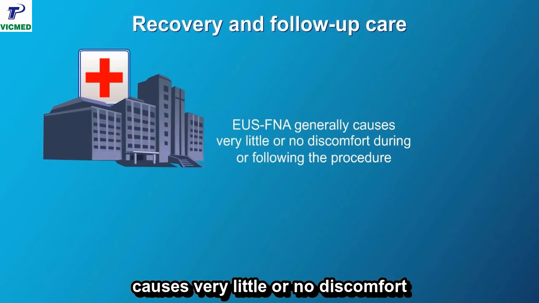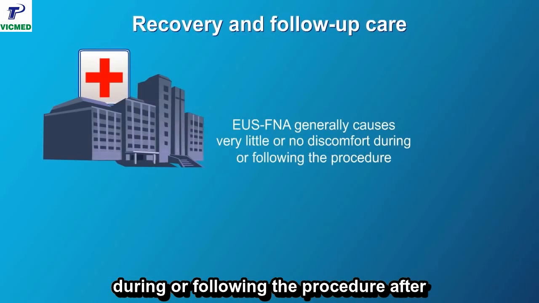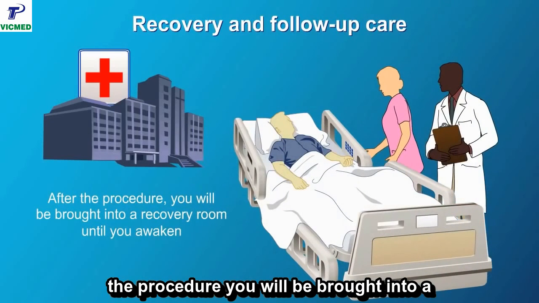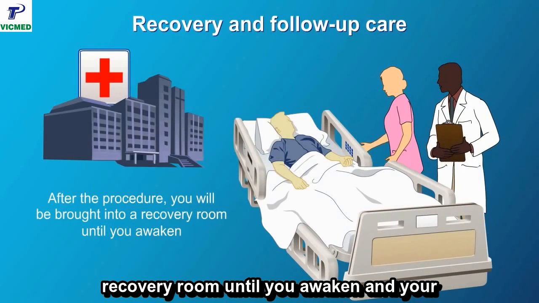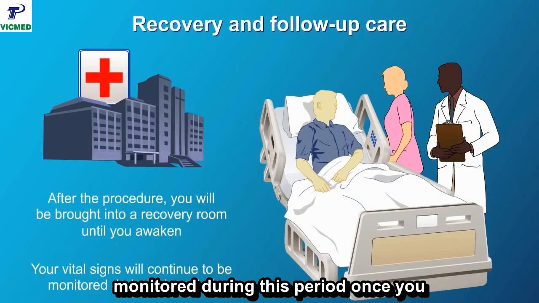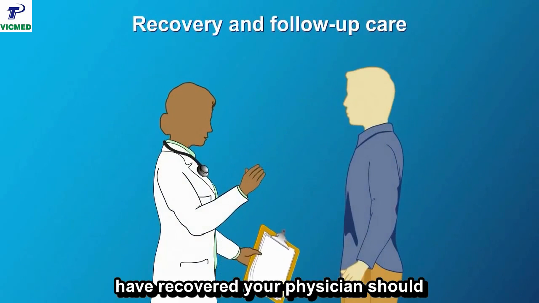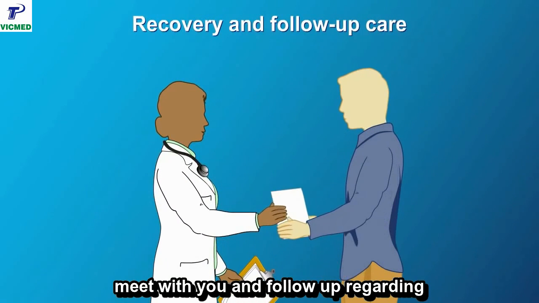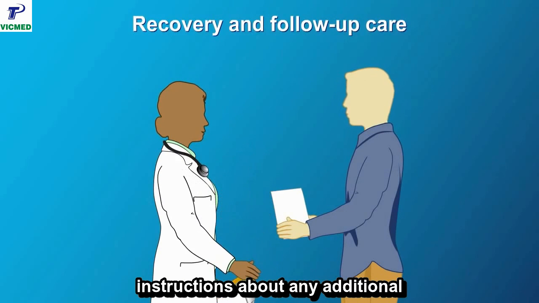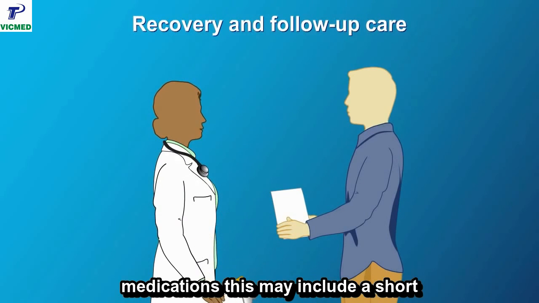EUS-FNA generally causes very little or no discomfort during or following the procedure. After the procedure, you will be brought into a recovery room until you awaken, and your vital signs will continue to be monitored during this period. Once you have recovered, your physician should meet with you and follow up regarding your condition, and provide further instructions about any additional medications.